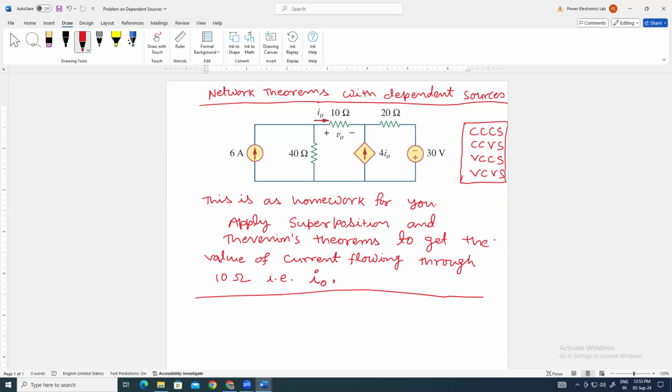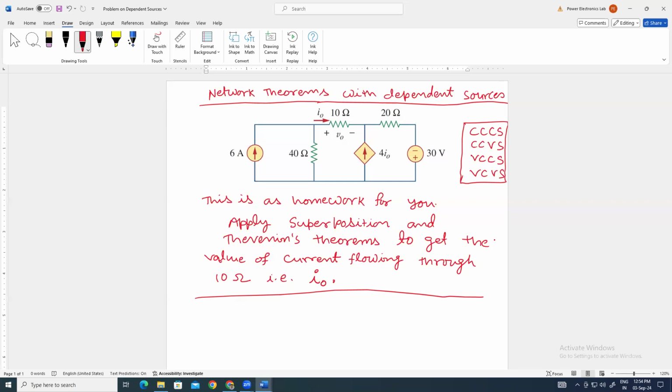We will solve the network by considering dependent sources also. We can disable or eliminate only independent sources. There are 2 independent sources here, 6 ampere and 30 volt. If you apply superposition theorem, you have to take independent sources one at a time.